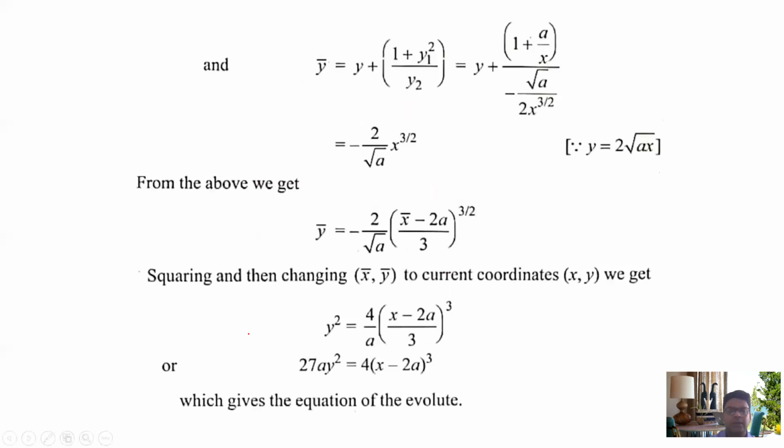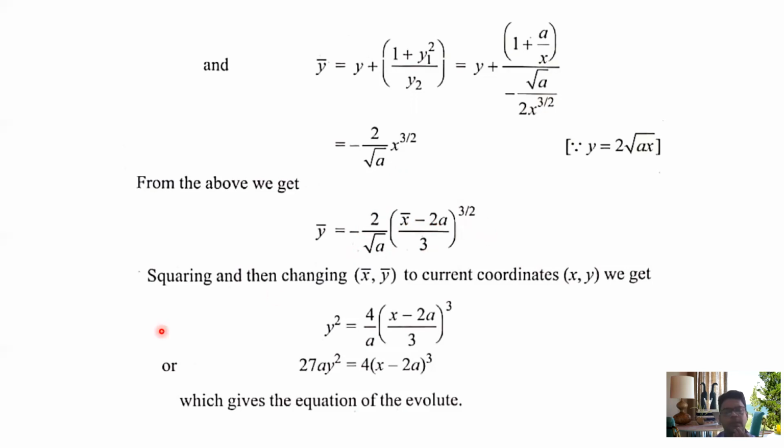Next, y bar is equal to minus 2 by root a x to the power 3 by 2. So y bar is equal to minus 2 by root a, where x is equal to x bar minus 2a by 3 whole to the power 3 by 2.